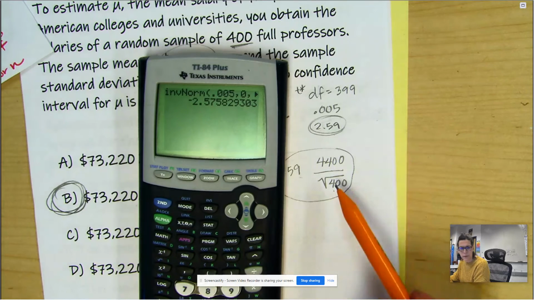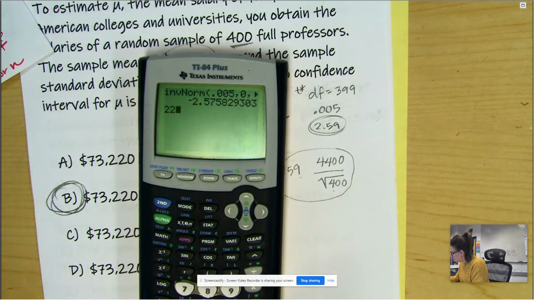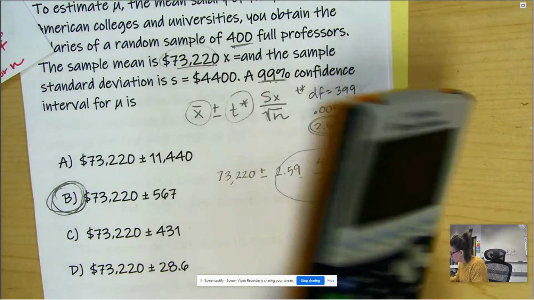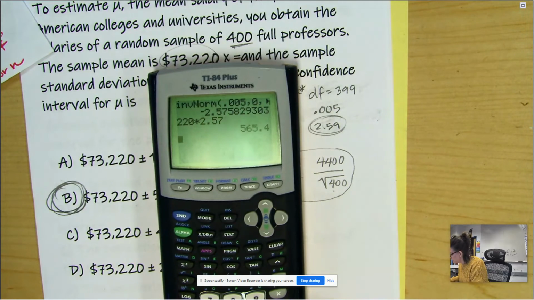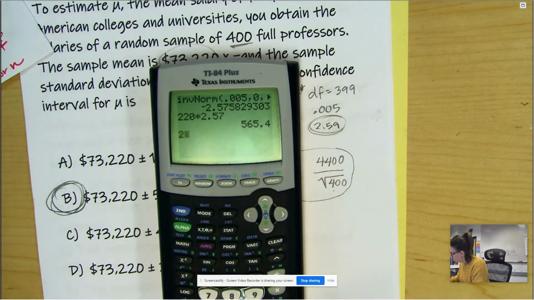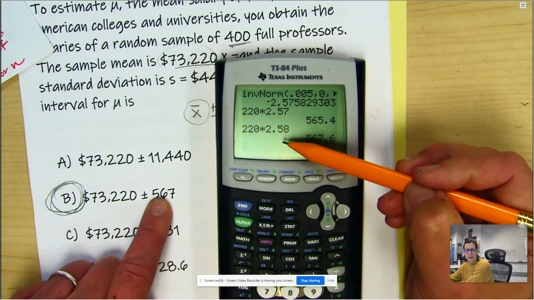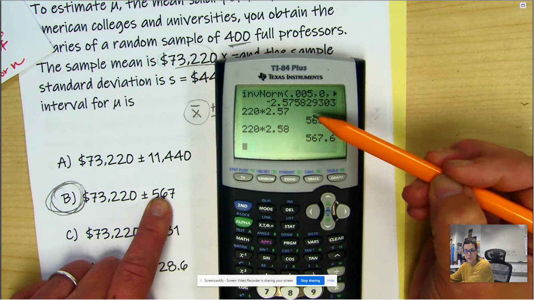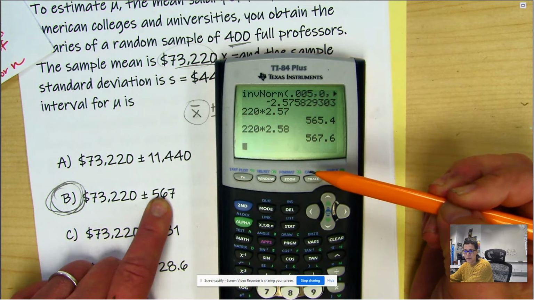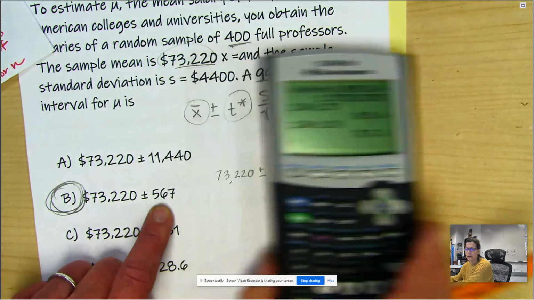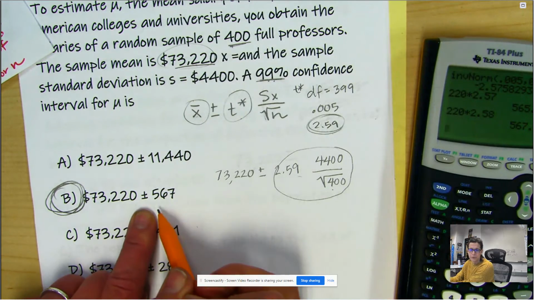This was 220 when I divided. 220 times 2.57. 220 times 2.58. So the differences are just from the rounding, T star versus Z star, and they're negligible. And obviously the closest one is this one right here.